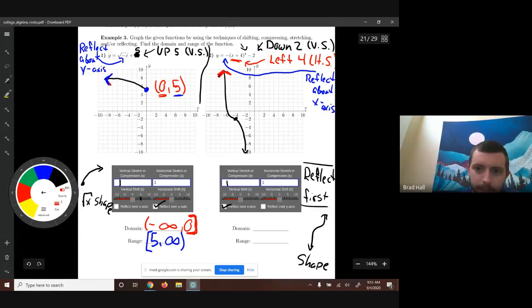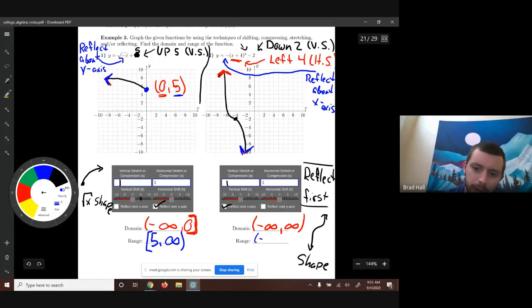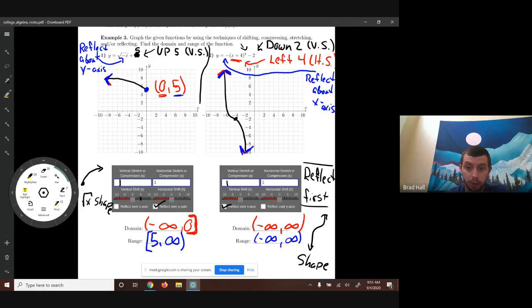Furthest to the left gives us negative infinity. Furthest to the right gives us positive infinity. Furthest down for the range, negative infinity, and furthest up, positive infinity. And that would conclude that problem.